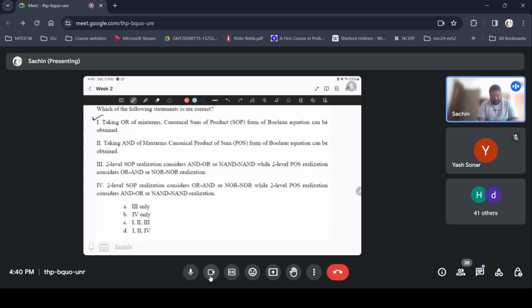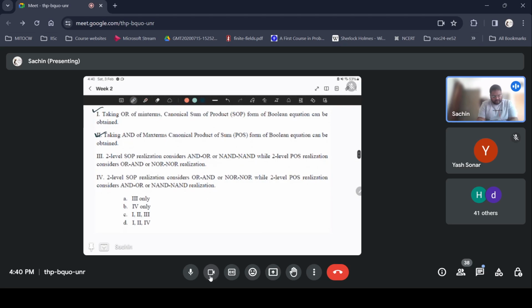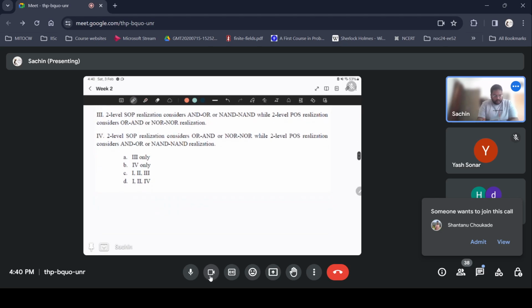So 2 is also true, and you can go back and check in the lecture that in a two-level SOP realization, we can have AND-OR or NAND-NAND, while in two-level POS realization, you can have OR-AND or NOR-NOR.